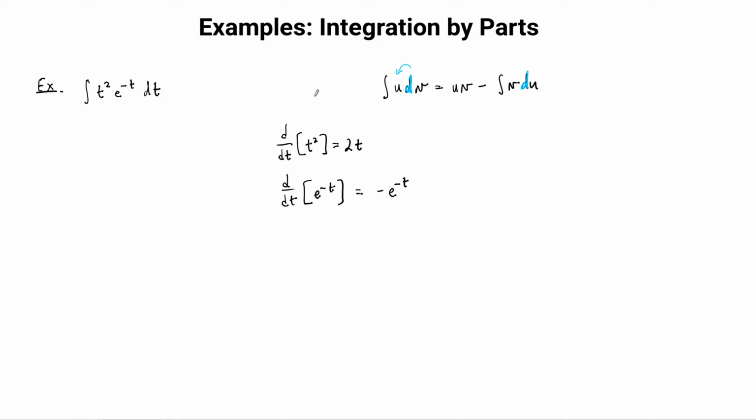Notice that in terms of the integral becoming nicer, for the function t squared, after taking the derivative, we reduced the power on t. We made it better in that sense, the power is nicer. This function e to the minus t, the derivative multiplied it by a minus sign, but it did not really change the function at all. e to the minus t is still there.